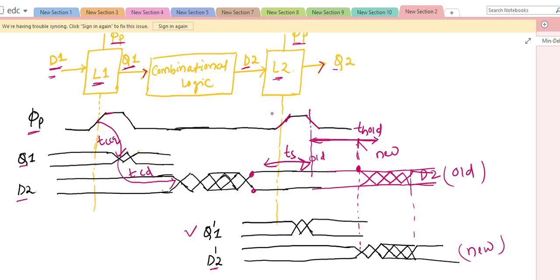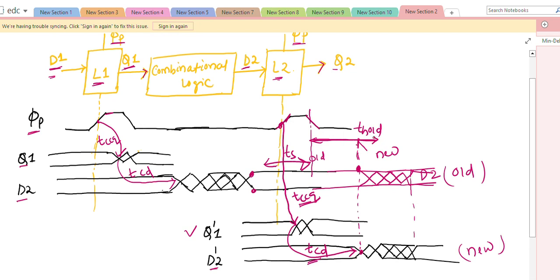See here, when this clock edge comes, from here to here we get TCCQ, because when this positive edge comes, a new Q1 will come, that is Q1 dash, and that delay is known as TCCQ. Then that is given to the combinational logic, which forms a new D2 dash. This delay is known as TCD. Now we get this TCCQ plus TCD at this time, but the hold time of latch L2 is larger.